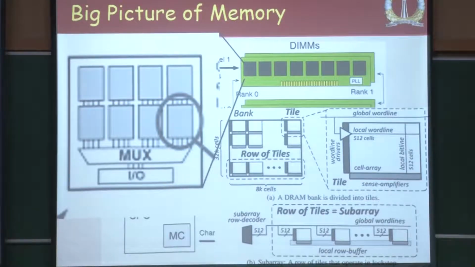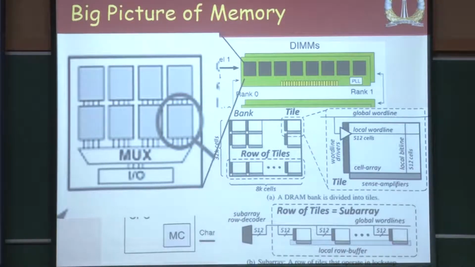So, whenever a processor gives a physical address and wants to access the data, it is first understood to which memory controller it has to go, and therefore to the appropriate memory controller, and from there to the appropriate rank, and then from there to the appropriate bank, and then from there to the appropriate row, and then from there to the appropriate column. So, it is multiple steps.